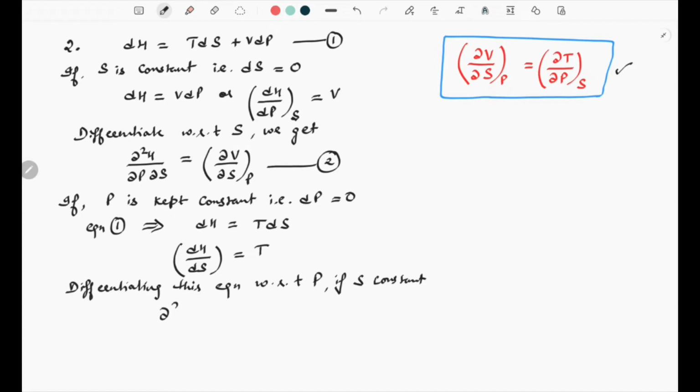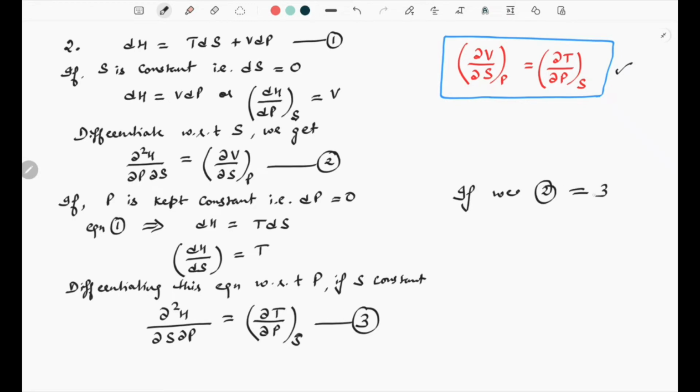This gives you ∂²H upon ∂S ∂P is equal to ∂T by ∂P at constant entropy. This is equation 3.